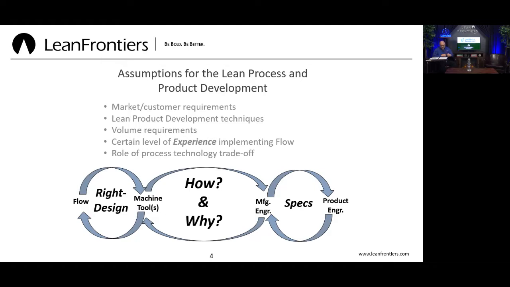Another assumption is the role of technology and the trade-off. You should not let technology drive you, although it's not a problem to use technology when you're developing processes. It depends on your needs and the effectiveness of it. The technology should be subservient to the flow and subservient to the processes you're trying to do.